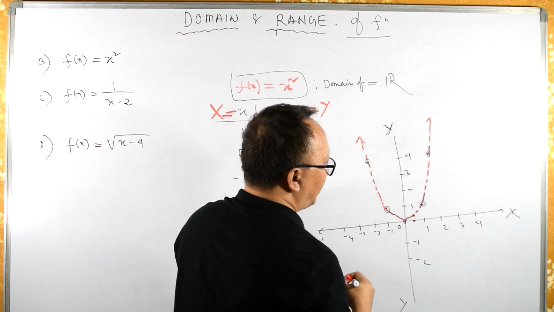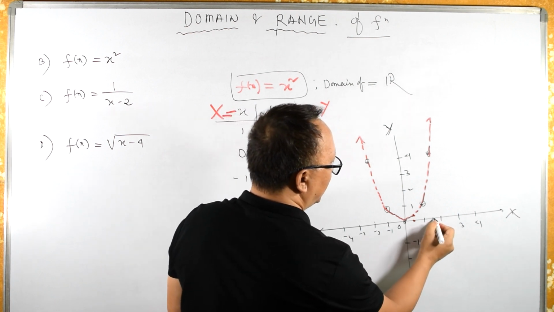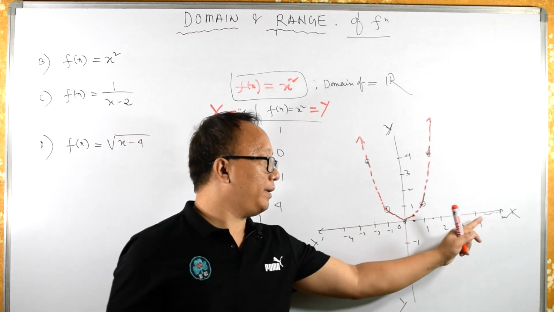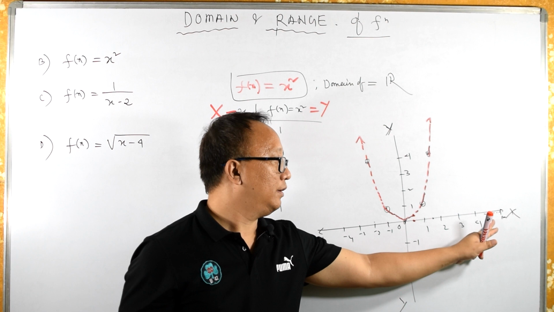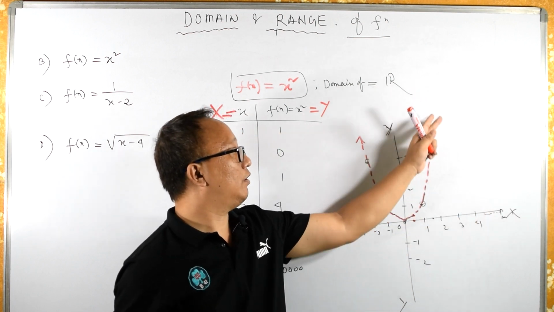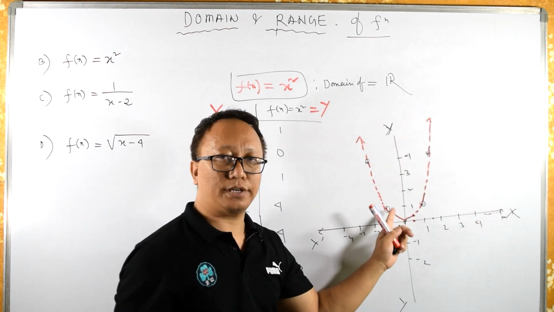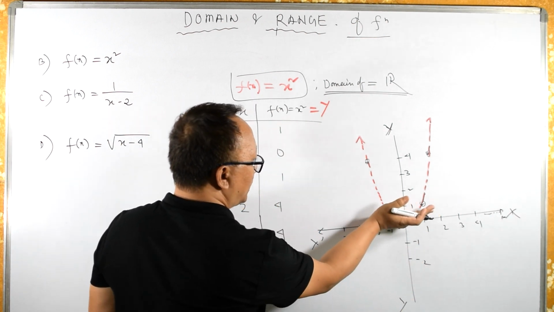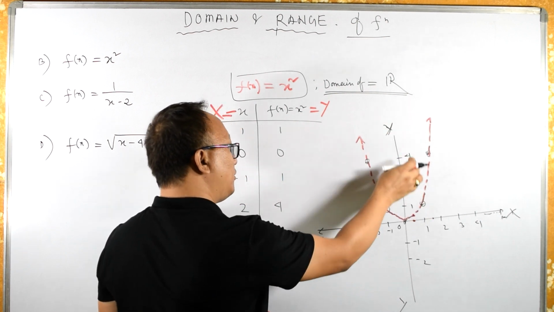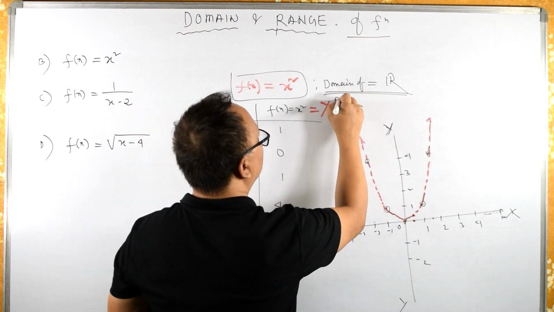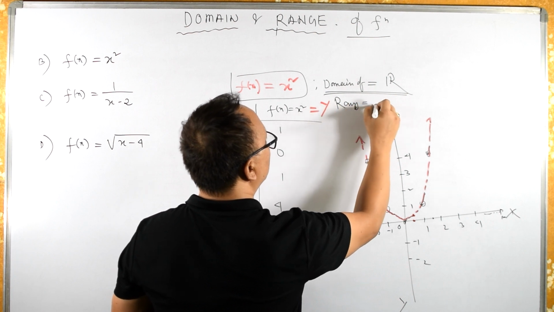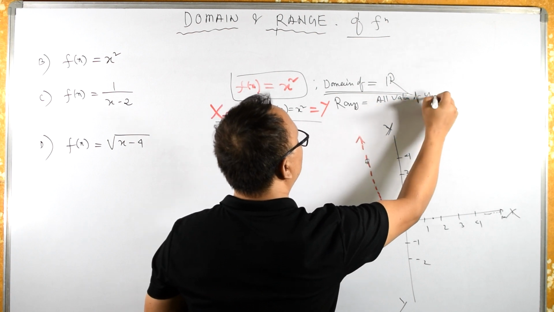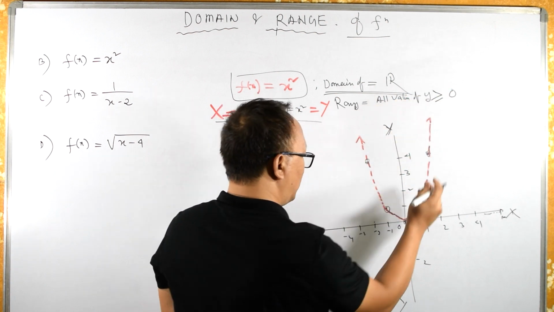So for every real number x as input, you get its image, or output, for the particular function. Range is all values of y greater than or equal to 0.